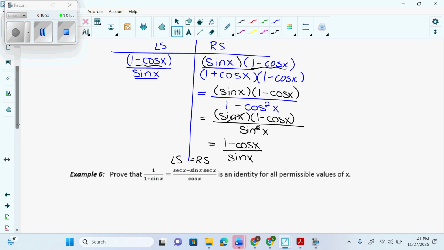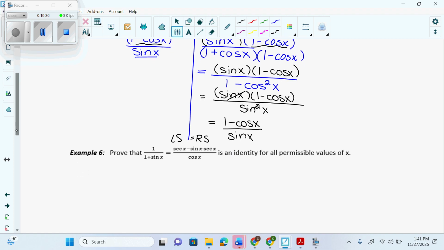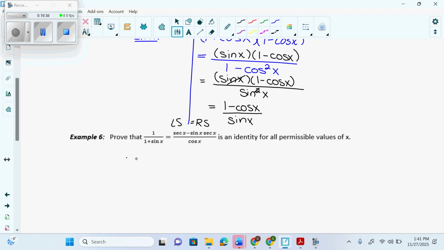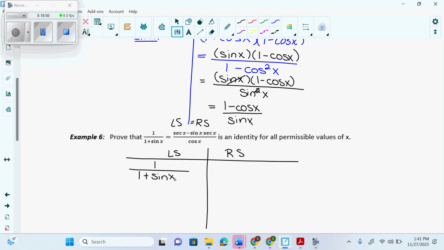Okay. We're going to look at number 6. So we have LS, RS. Here we have 1 over 1 plus sine x. The only thing I could do to this side is possibly multiply by the conjugate, 1 minus sine x.